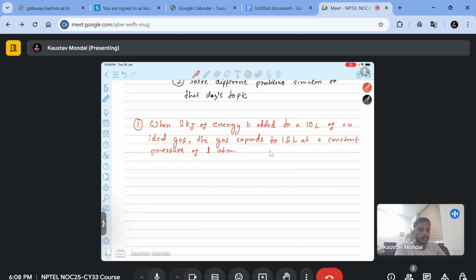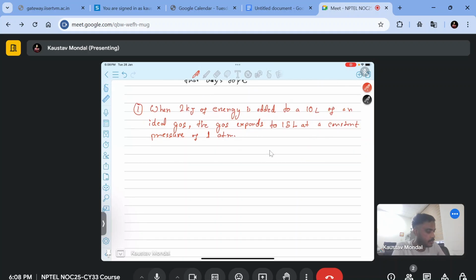Now the problem is you have to calculate the change in internal energy. Okay, so this is our first problem.